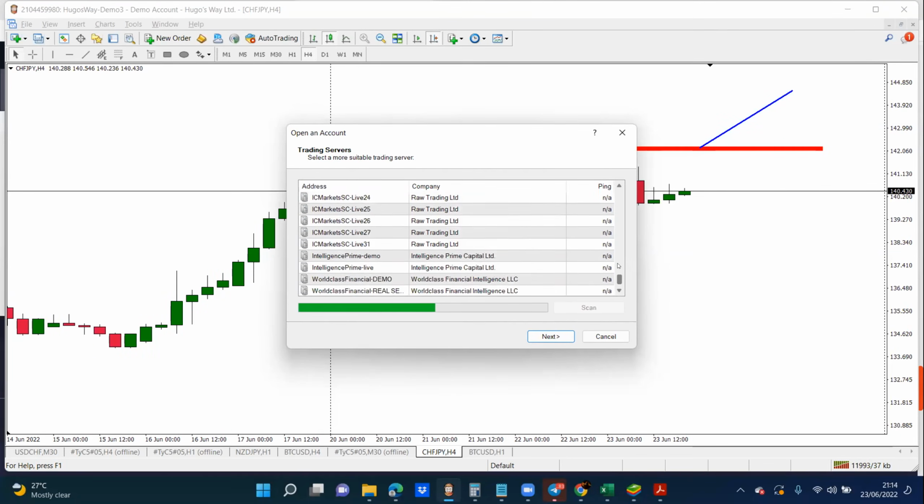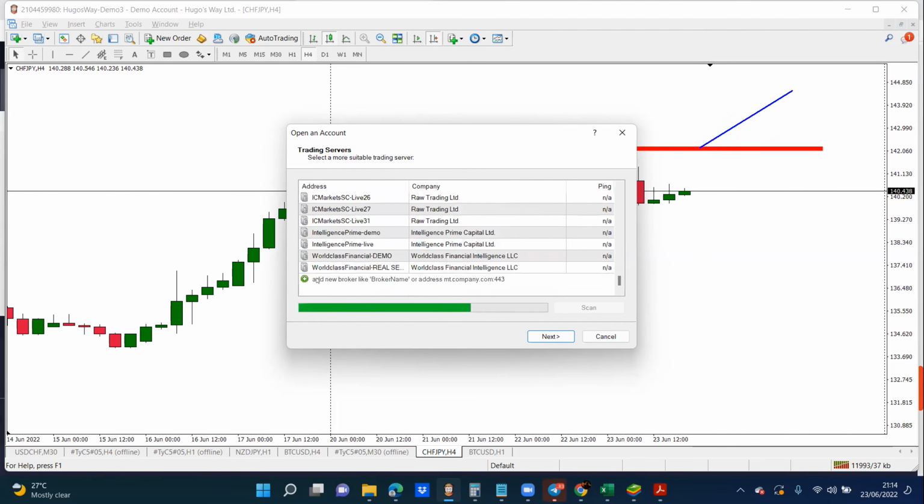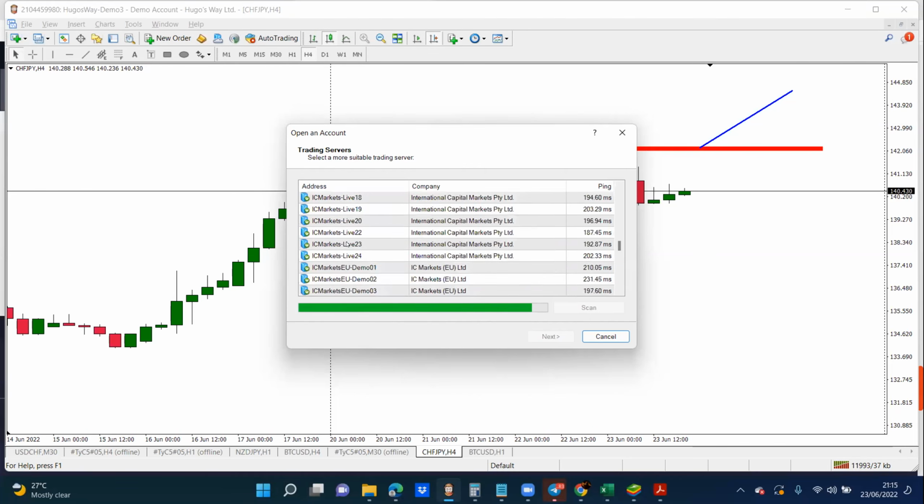Which broker don't I have here? Let's say I want to get an account for RoboFX. I'll just click on this green box, type Robo, and then it will search, and if there's anything like RoboFX, it will bring them up.